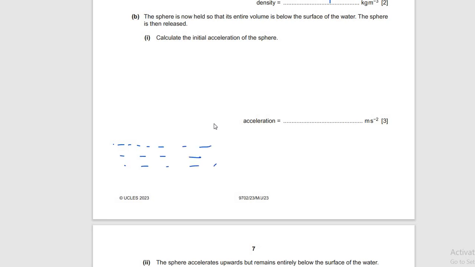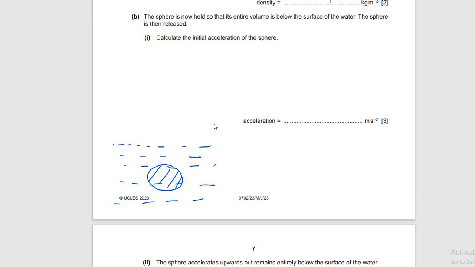Remember, the entire volume of the sphere is below the surface of the water. It's not at the surface, it's below the surface of the water. So the sphere is then released. Calculate the initial acceleration of the sphere.